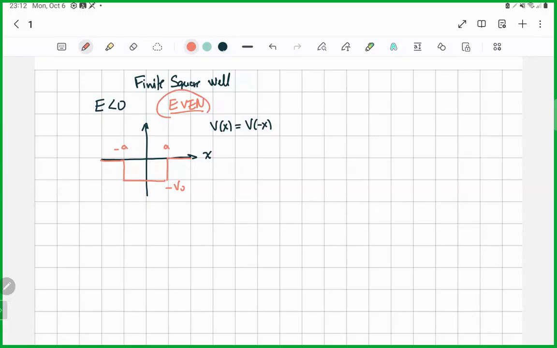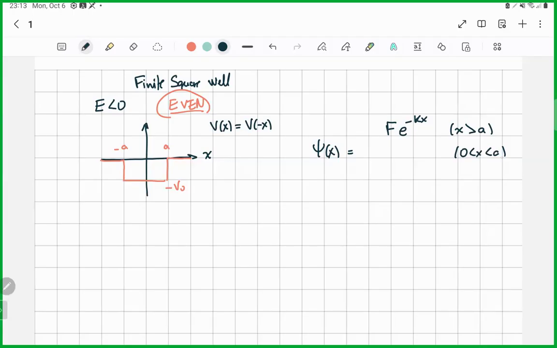The even solution we already wrote in the first part. We said that for x larger than a, we have this exponential decay. Now this is a classically prohibited region, so this exponential decay guarantees that the function can be normalized. Now, instead of giving the solution between minus a and a, we only bother writing the equation between 0 and a.